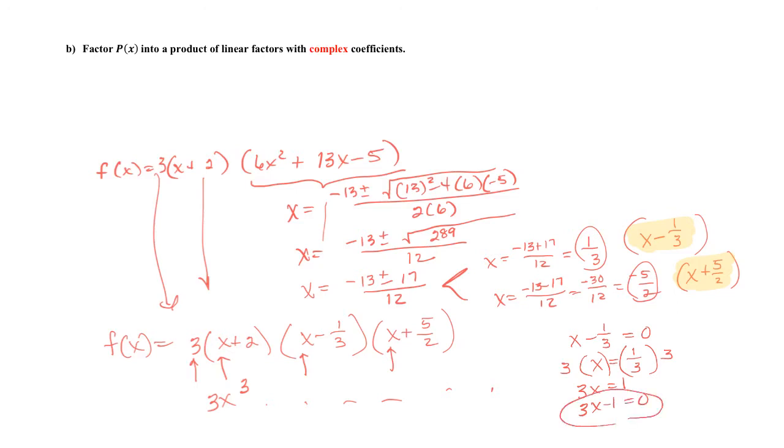And that's what I would want to use. For the other one, x plus 5/2, so x equals negative 5/2, multiply both sides by 2, 2x equals negative 5, and so the factor would be 2x plus 5 equals 0. That would take you back, and that gives you your factored form.